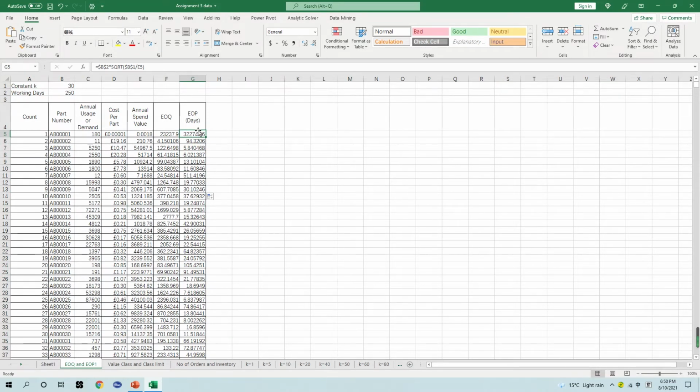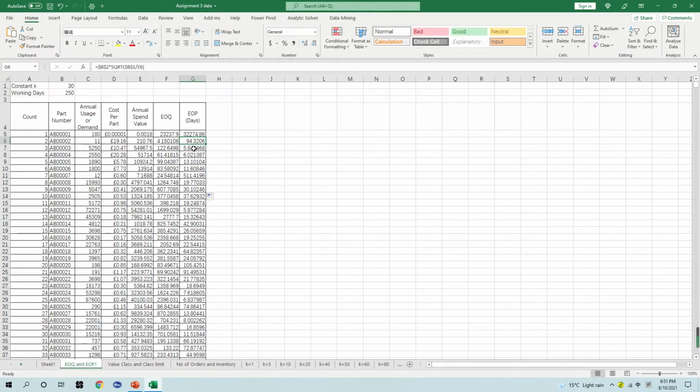And if you look closer, you'll be able to see a very interesting common factor, which is when annual spending value increases, the EOP decreases. If you just look at the first two examples, when the annual spending value increased from 0 to 210, the EOP decreased from 32,000 to 94 days.